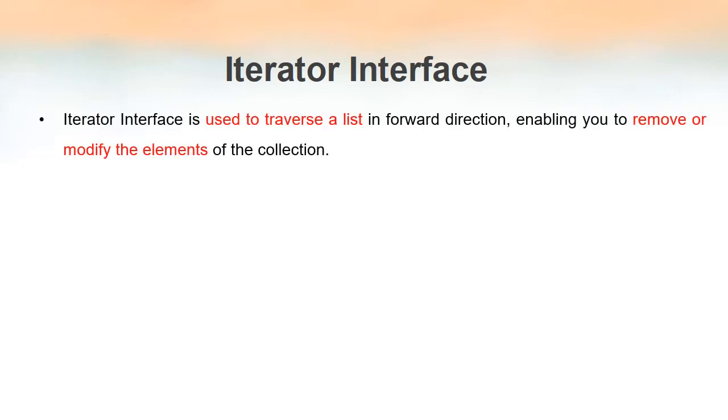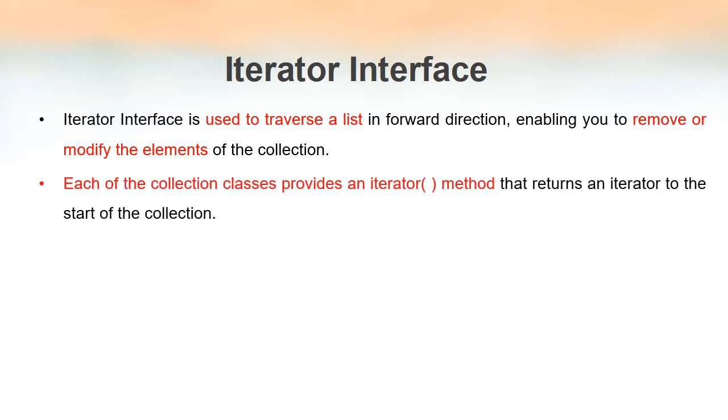By using an Iterator interface, we can traverse a list. That means we can access each element inside the list one by one. We can remove or modify the elements in a list. Every collection we have studied so far, whether it is list, array list, or whatever it may be, has a method which provides an iterator.